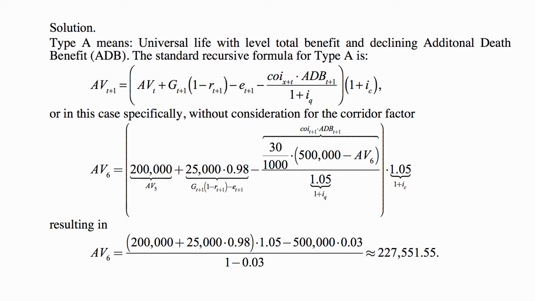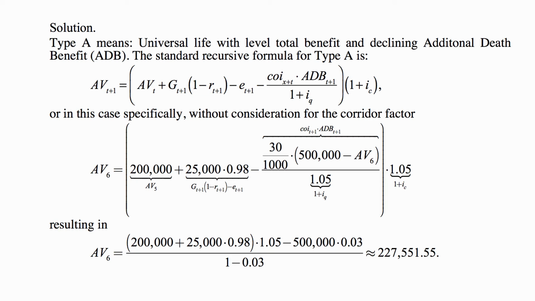So the amount of life insurance is to be sufficiently large in relation to the account value. 2.5 in this case means that the total benefit paid out has to be at least 2.5 times the account value.